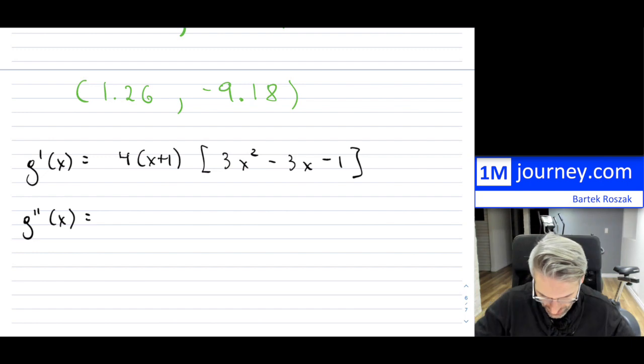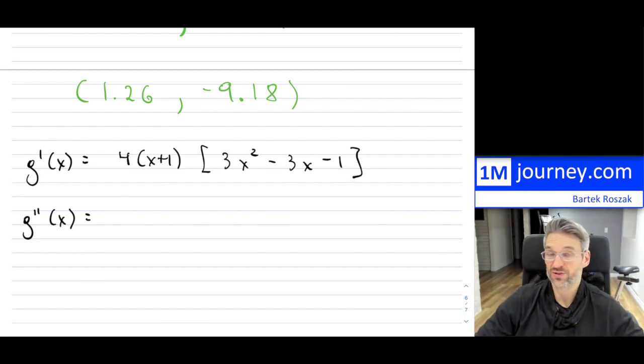And the second derivative again, let me just use the product rule and then simplify. And let's see what we get.